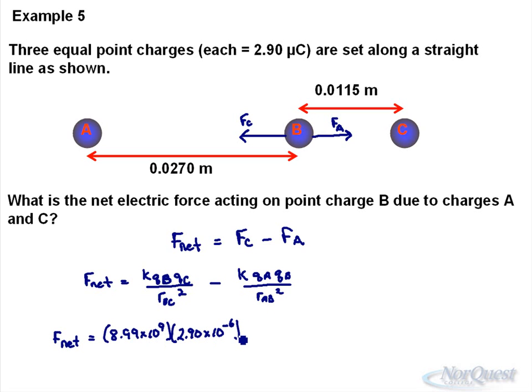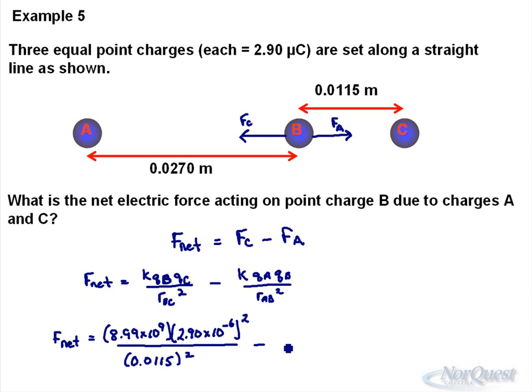The charge on C is the same, so I could write squared, because it's 2.9 times 10 to the negative 6 times 2.9 times 10 to the negative 6. And the distance between B and C was 0.0115 squared.